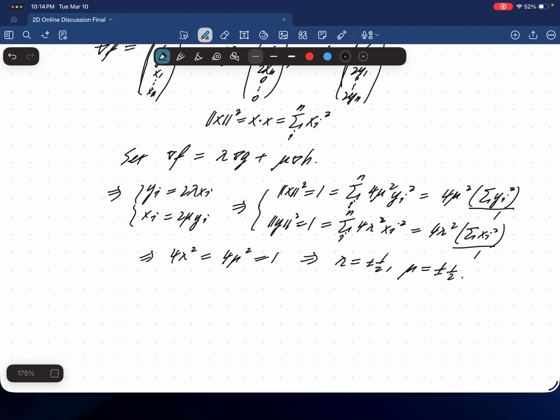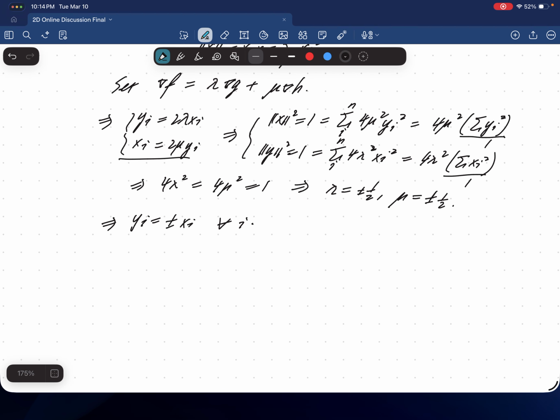Plugging these numbers in here, I get that yi is plus or minus xi for all i. And therefore, f of x, y is x dot y, with these conditions, x dot plus or minus x, which is plus or minus x dot x, which is plus or minus 1.